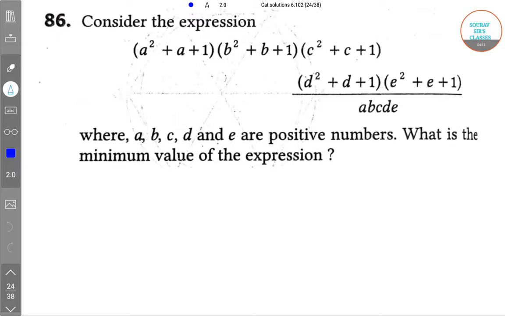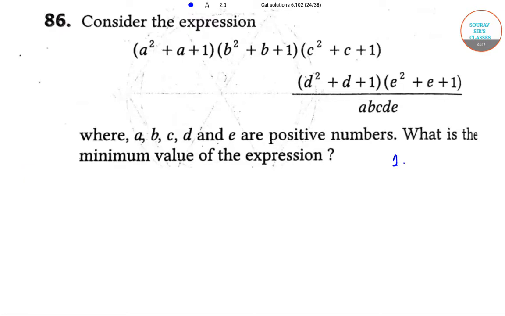Now, the least positive number is 1, and its square and all its powers are equal to 1. So the denominator would be least when equal to 1, and in the numerator also we need to take a equal to b equal to c equal to d equal to e equals 1.